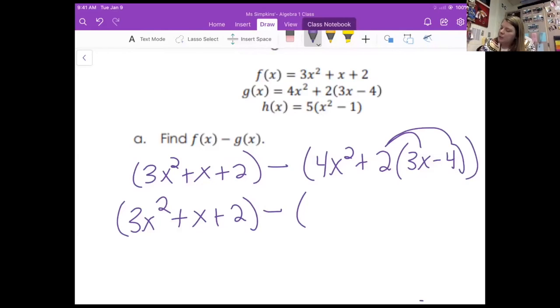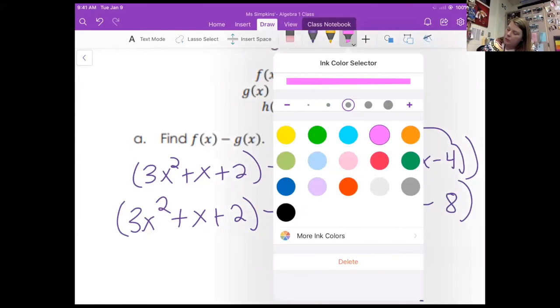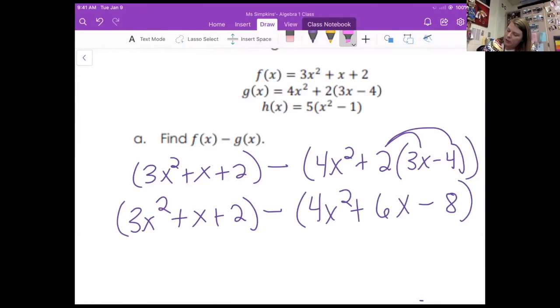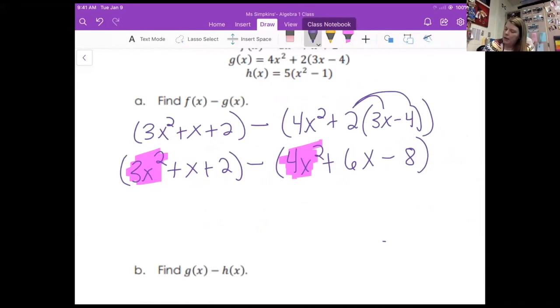So then we have 4x squared. 2 times 3x would be 6x, and 2 times negative 4 would be negative 8. And then we can combine our like terms. First one is our x squared. So we have 3x squared minus 4x squared. What is that? Negative 1x squared, or negative x squared.